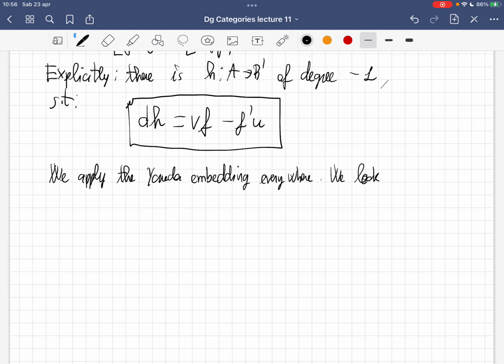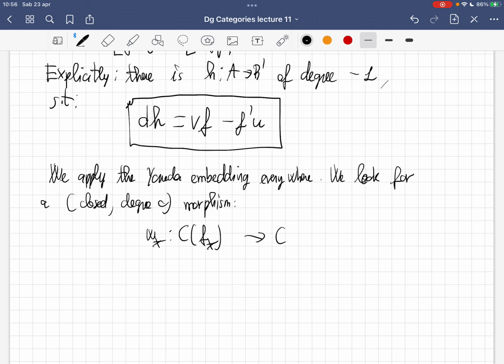We look for a closed degree 0 morphism from the cone of the image of the unit embedding to the cone of the image of the unit embedding.